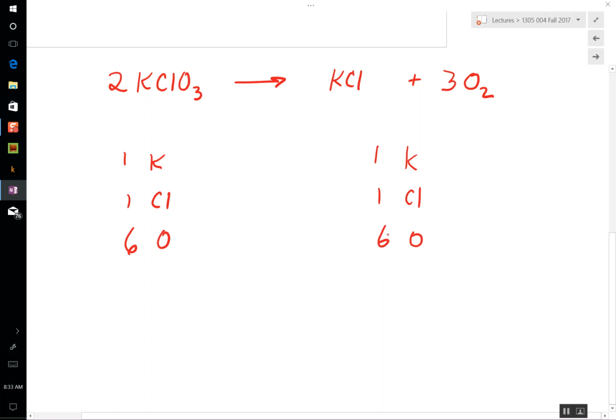So you start with your oxygen on this one, and then you follow the implications of that. This is going to get you 2 potassiums and 2 chlorides. So we're going to need a 2 right here to get the 2 potassiums. And what does that give you? 2 chlorides.